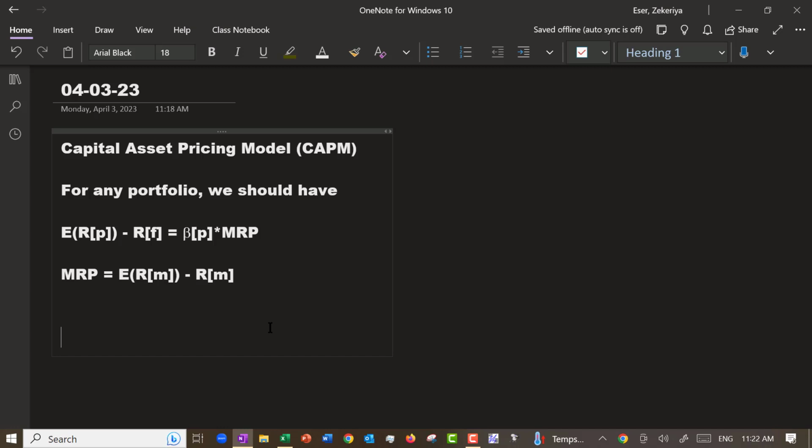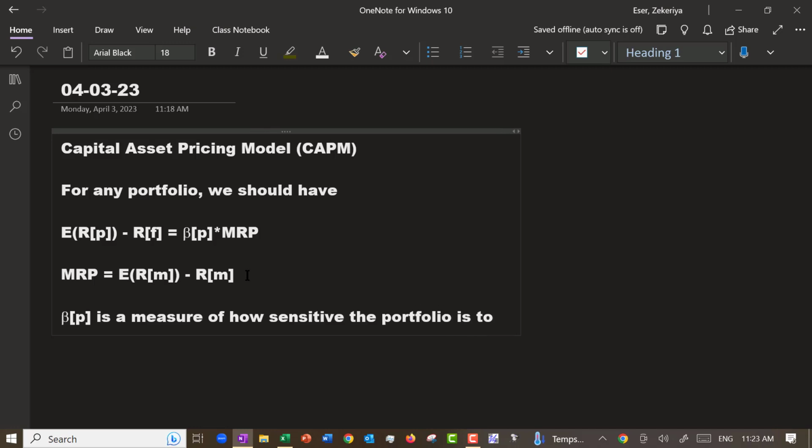Okay, and that proportionality is measured by the beta, where beta is essentially a measure of how sensitive the portfolio is to the systematic or market risk.